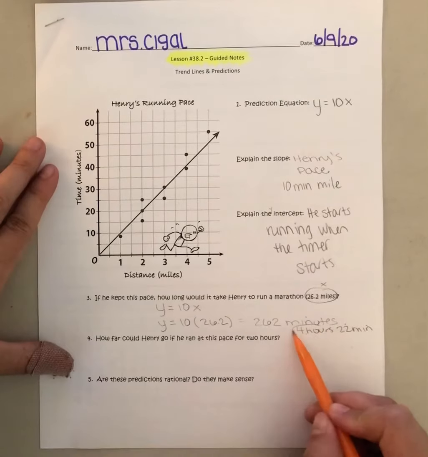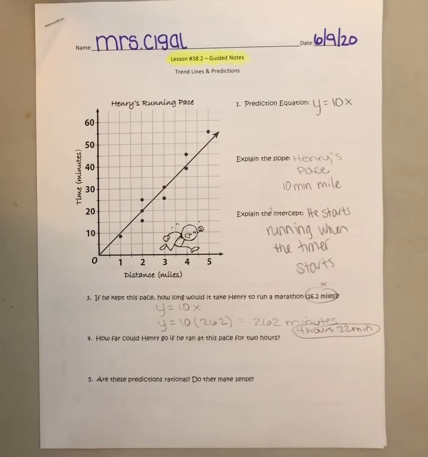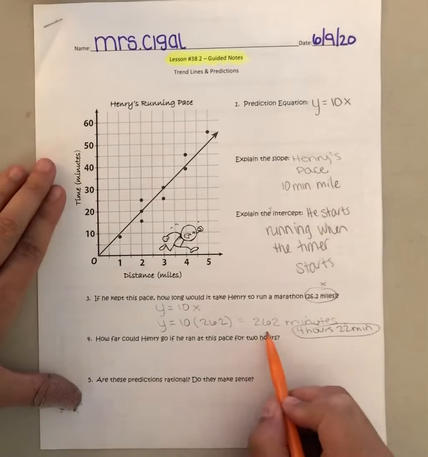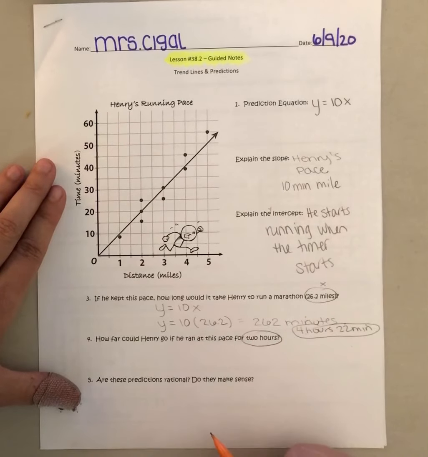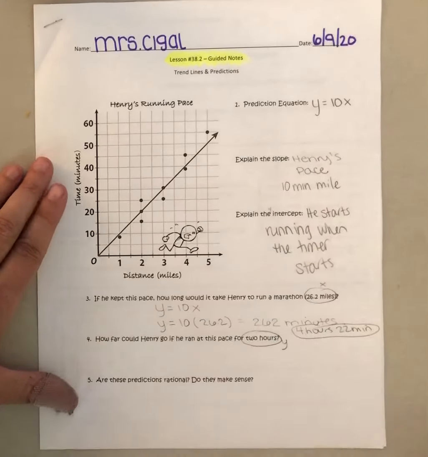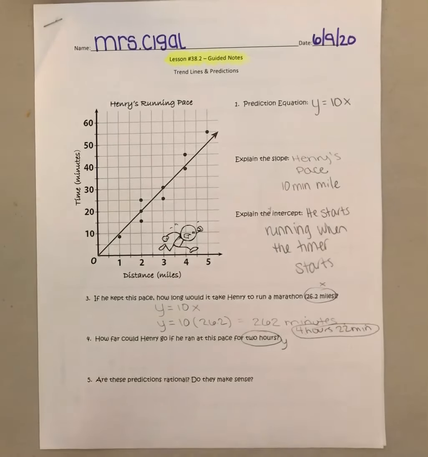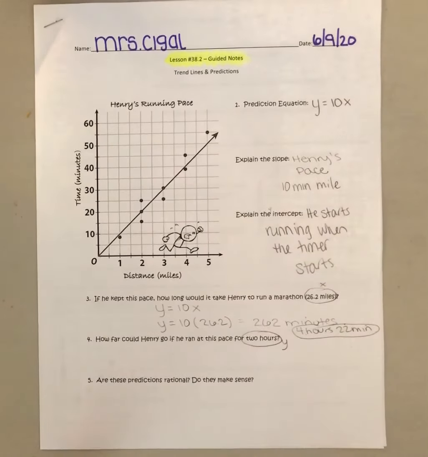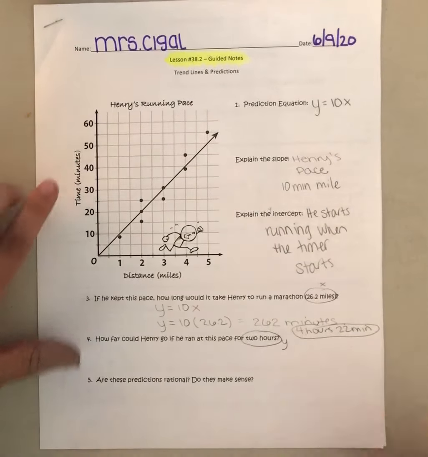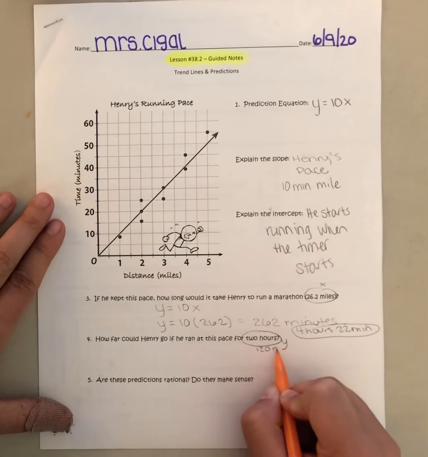Okay. Next question. How far could Henry go if he ran at this pace for 2 hours? So when we're talking about time, we're not going to input that for x anymore. We're going to input this for y. So 2 hours, we're going to want to convert that into minutes. So 2 hours would be 120 minutes.